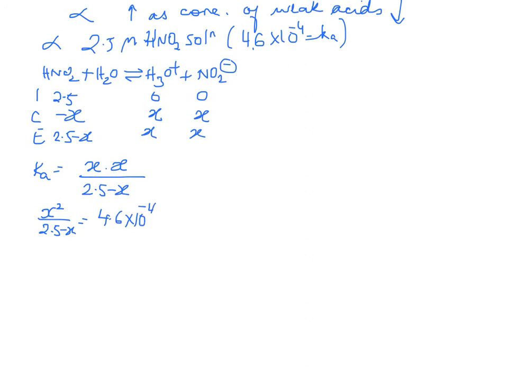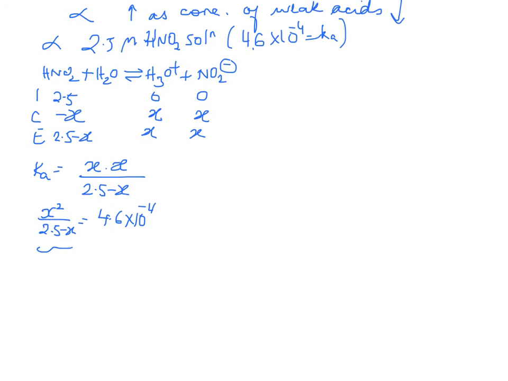To check the approximation, concentration 2.5 divided by Ka 4.6 times 10 to the negative 4 is to the tune of 5434.78, way higher than 100.